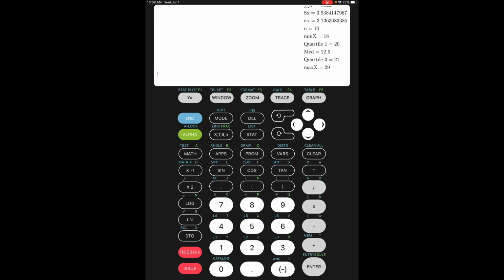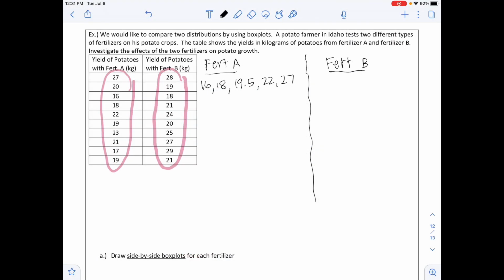Our min value is 18, quartile 1 is 20, median is 22.5, quartile 3 is 27, and our max value is 29. So from the calculator, the 5-number summary for fertilizer B is 18, 20, 22.5, 27, 29. From here, we can calculate our interquartile range for both of these, and then also our lower fence and our upper fence.